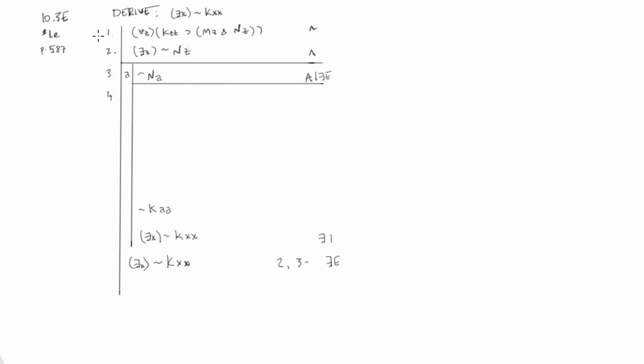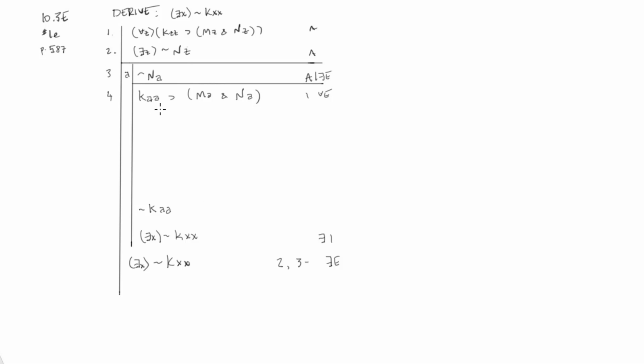So let's look up here at line 1. It's a universal generalization. What we're going to do is instantiate it to the name A. So KAA, horseshoe, MA, ampersand, NA. Okay, so that's from line 1, universal elimination.